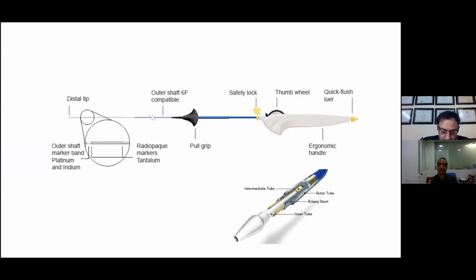Most of them have some sort of lever, either a gun mechanism or a wheel, which you keep rotating, and the stent will keep deploying slowly. Effectively, all of them have what we call a pull-back mechanism. Each one will have a safety lock, which you should remove before you deploy, and it should be kept in place until you're ready so that there is no accidental deployment of the stent.